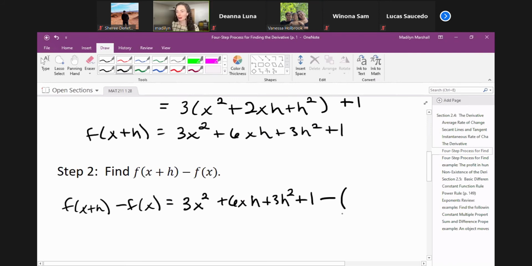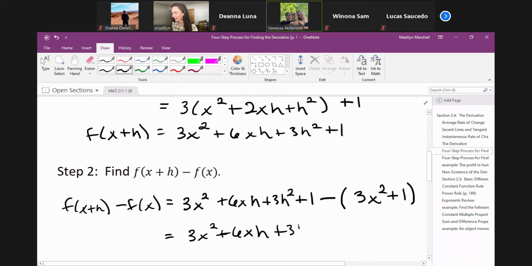Be super careful here. One thing that I saw a lot on homework 1 was mistakes with minus signs when we're subtracting a whole function. We're subtracting this whole 3x squared plus 1, which means that we need parentheses there to show that the whole 3x squared is being subtracted and the 1 is being subtracted.